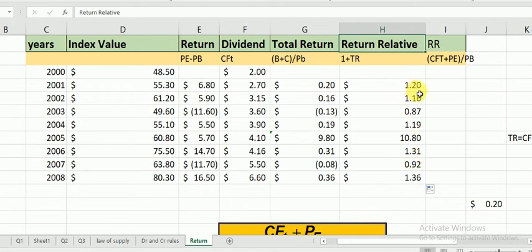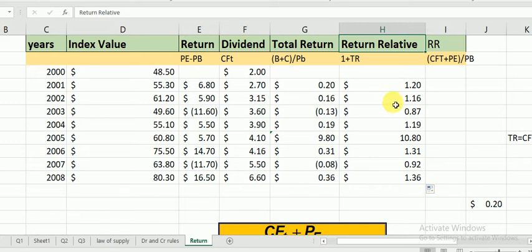Here 1.20 means that the return by investing $1 after 1 year will give us 0.20 more.